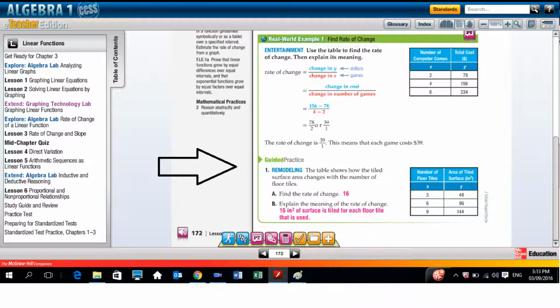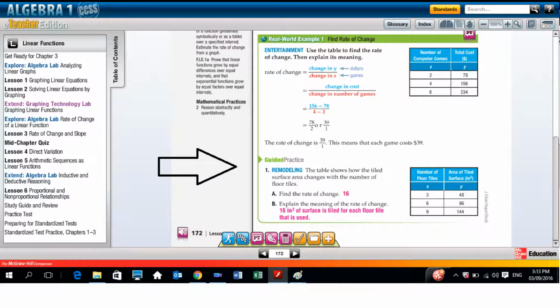The maximum is 9 minus 3. So if you calculate this ratio, the answer will be 16. What does it mean? 16 inches square, because 16, the upper value, refers to the area of tiled surface, the change in y, per one tile. So each tile in this arrangement has an area of 16 inches square.